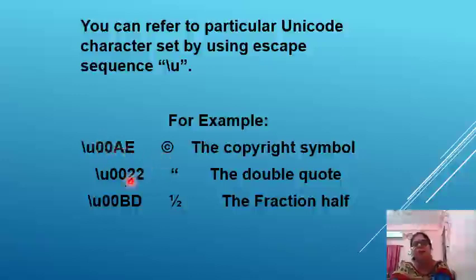And if we write the escape statement slash U0022, then it means a double quote. And in Unicode, if we write the escape sequence slash U00BD, then it means a fraction half.